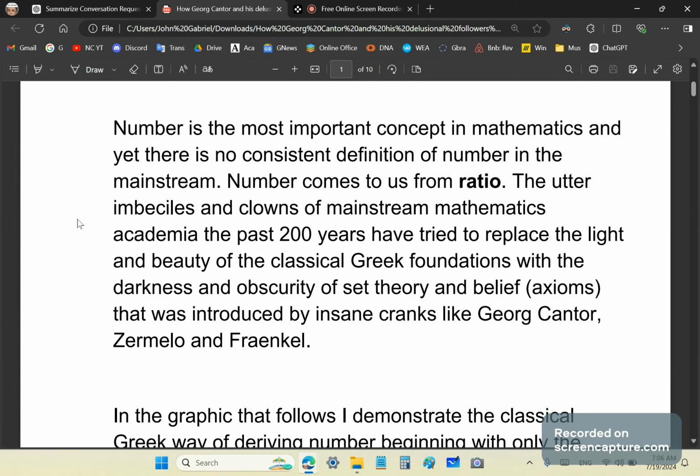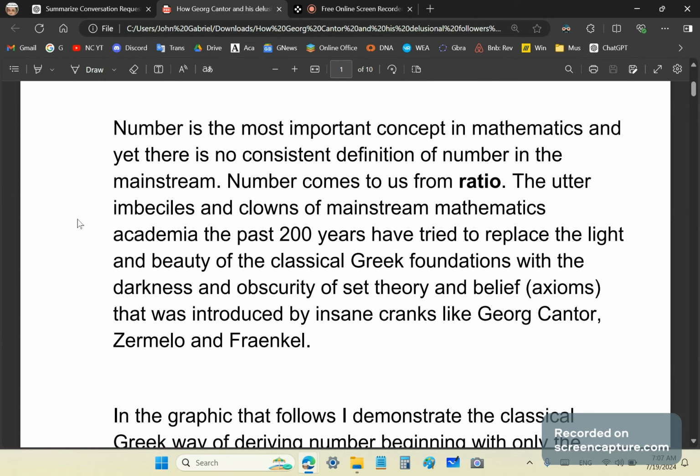In other words, the concept of ratio came long before number was even around. Ratio was used in geometry over and over again, and all the results that come to us from the elements of Euclid, from chapter 1 all the way up to chapter 6, are based on the ratio.